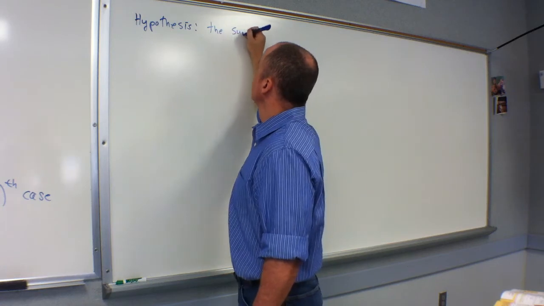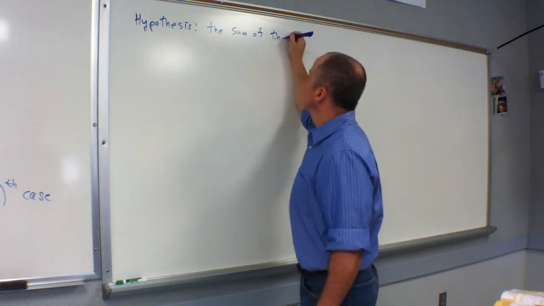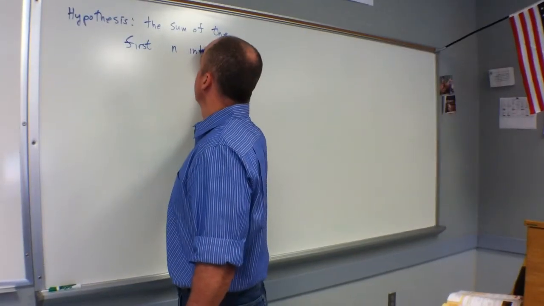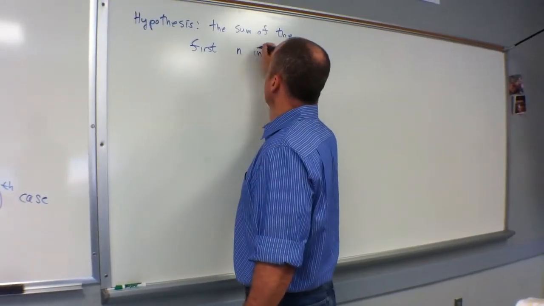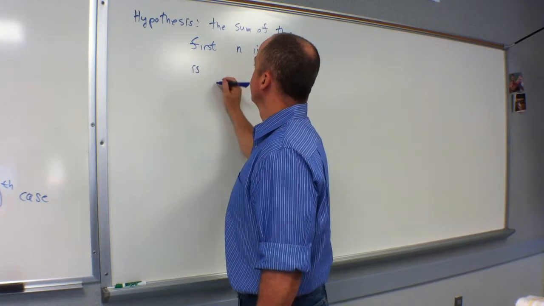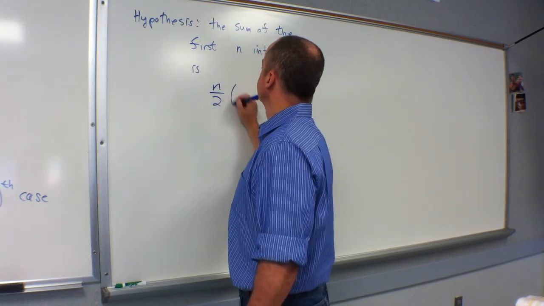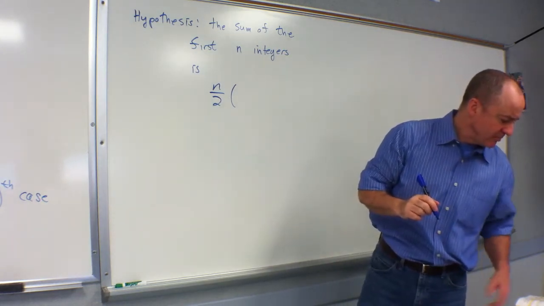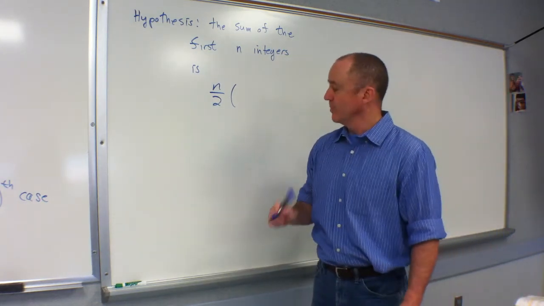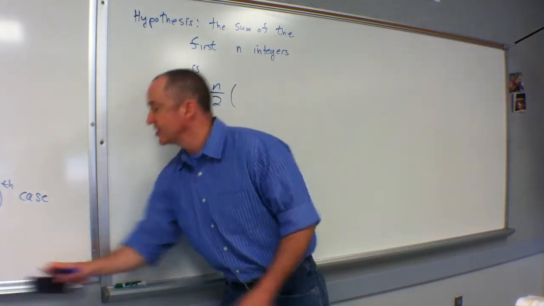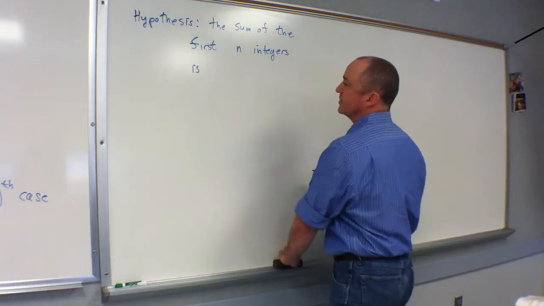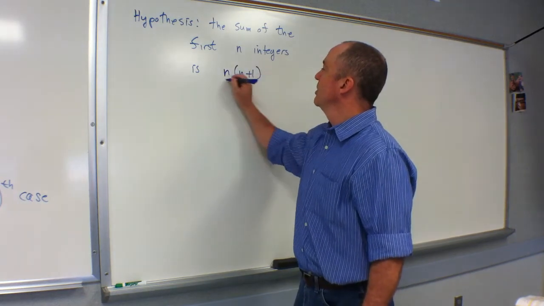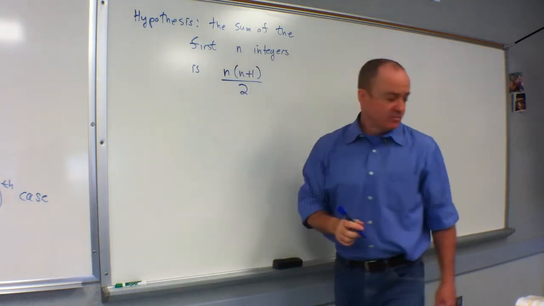The sum of the first n integers is n over 2, whoops, I was about to give you the rule for the arithmetic sum. It's the same result, but this is phrased differently. So it is actually n times n plus 1 over 2.